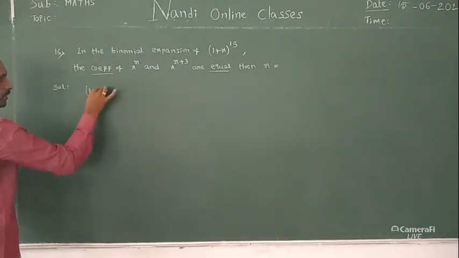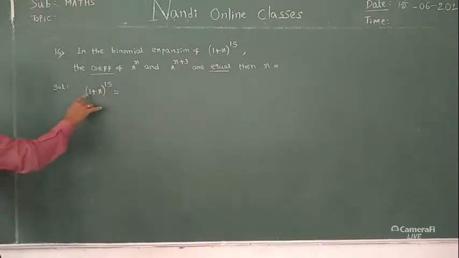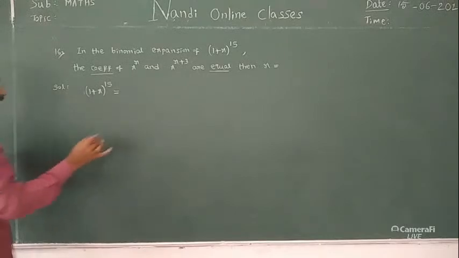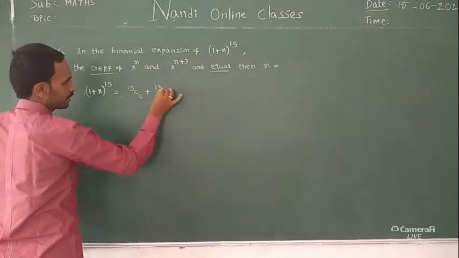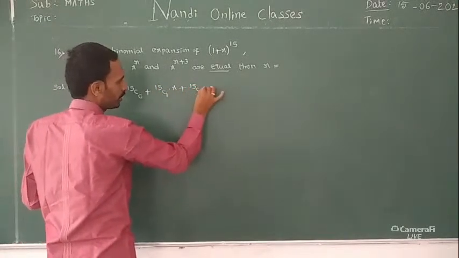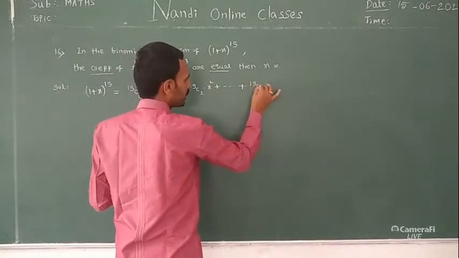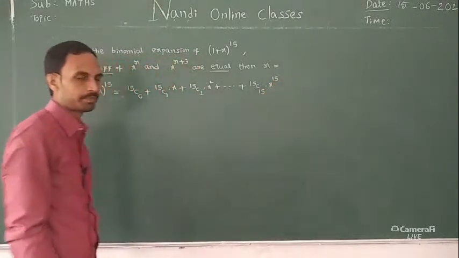It is in the form 1 plus x whole power n. So in the synopsis, fourth formula given, 1 plus x whole power n formula: nC0 plus nC1 into x plus nC2 into x square and so on, plus nCn into x power n.